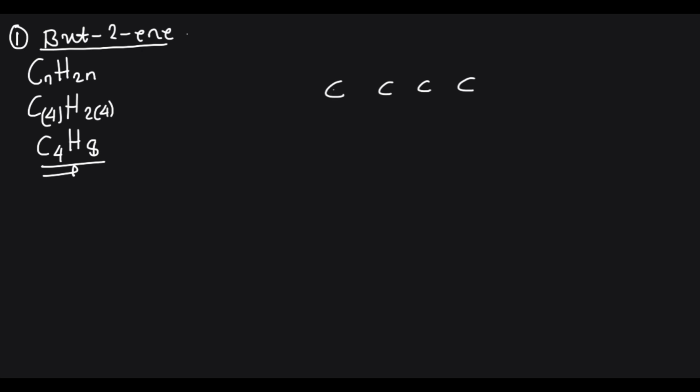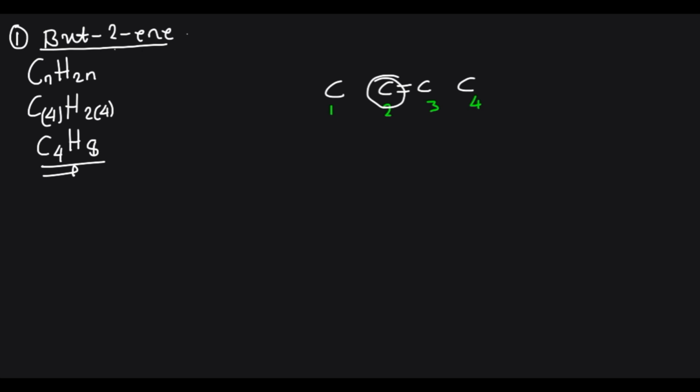This time we are not going to put the double bond wherever we feel like putting it. This time we need to take this number into consideration. If we count from left to the right, this is our carbon 1, our carbon 2, our carbon 3, then this is our carbon 4. So if we count from the left side going toward the right side, our double bond should be located at carbon number 2.